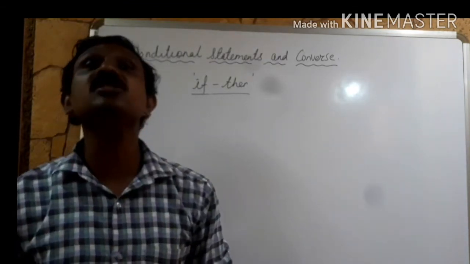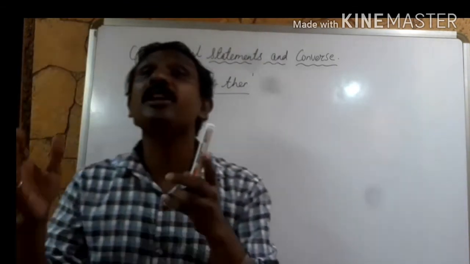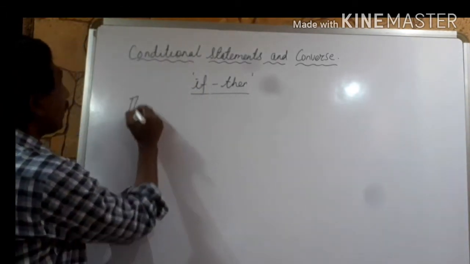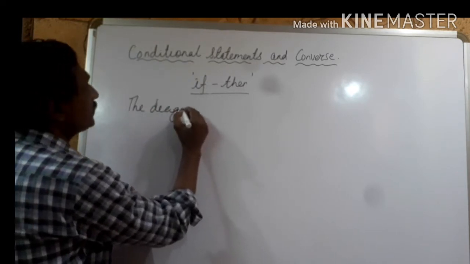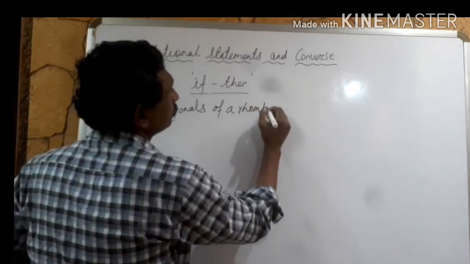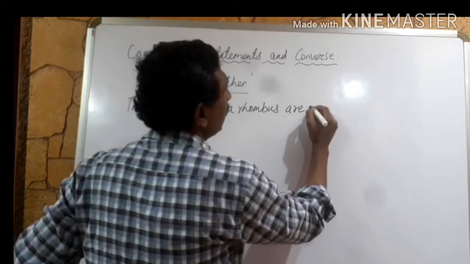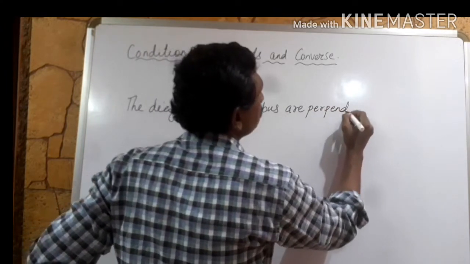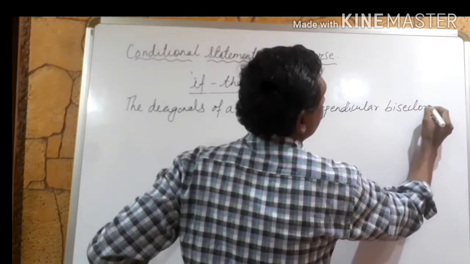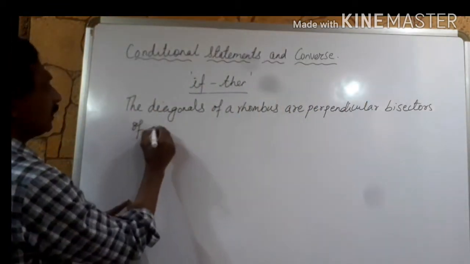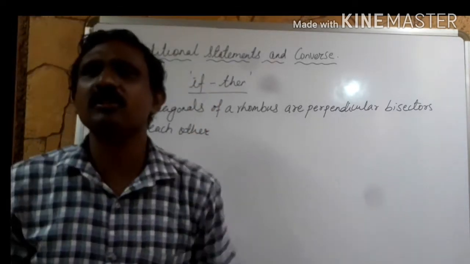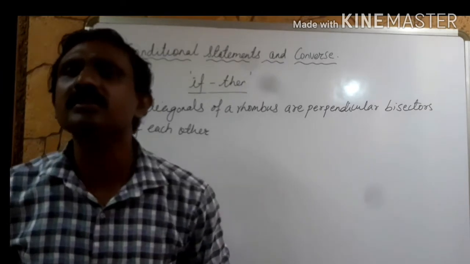Example: the diagonals of a rhombus are perpendicular bisectors of each other.